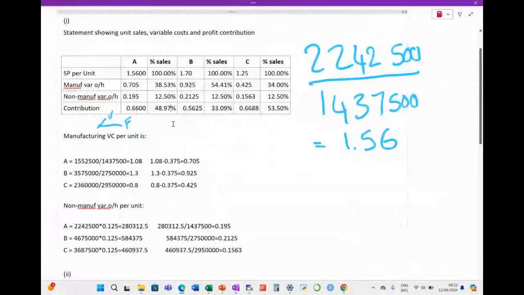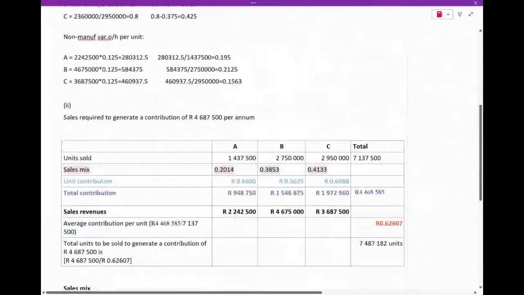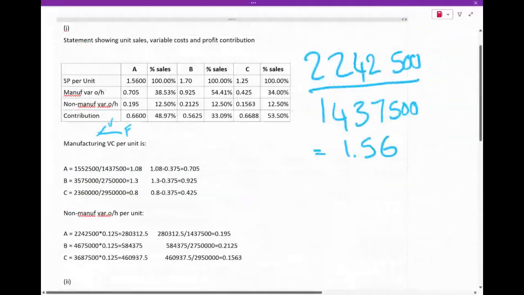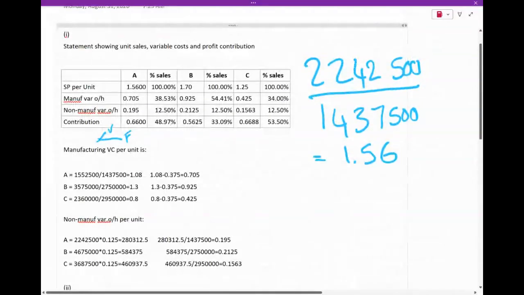Then the next bit, part B. You take your sales, 1 rand 56, and you minus those 2 variable costs. There's one of 2 ways you can calculate it.